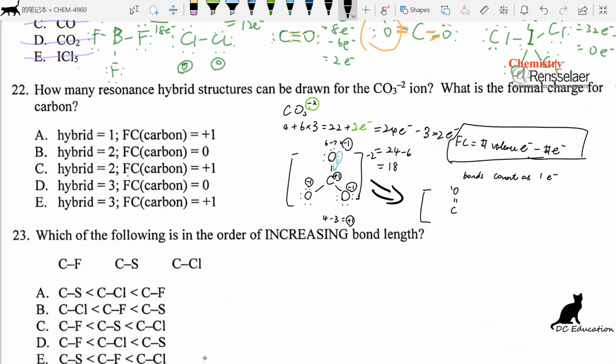So it could be something like this. And this looks much better: this has a formal charge of 0, this has a formal charge of 0, and this too has a formal charge of -1. And the formal charges are exactly on the atoms with a higher electronegativity.